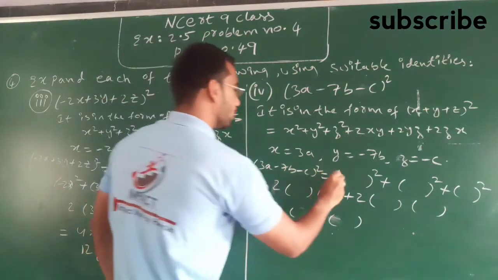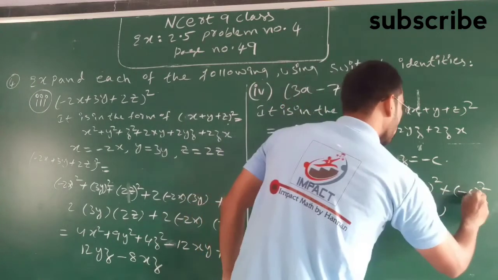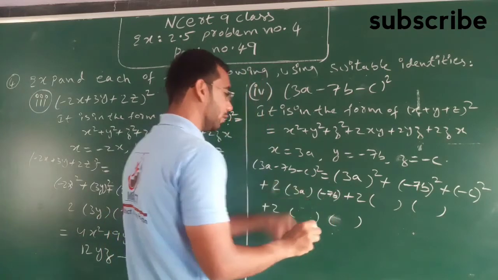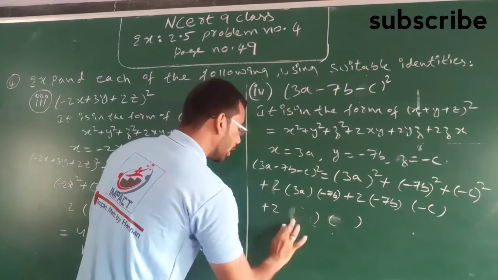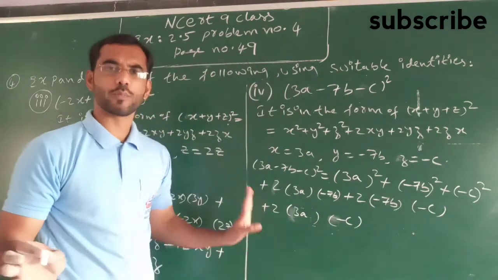Okay. Now 3a minus 7b minus c. In this one, 3a into minus 7b, then minus 7b into minus c, then 3a into minus c or minus c into 3a. No problem, it will be same only.